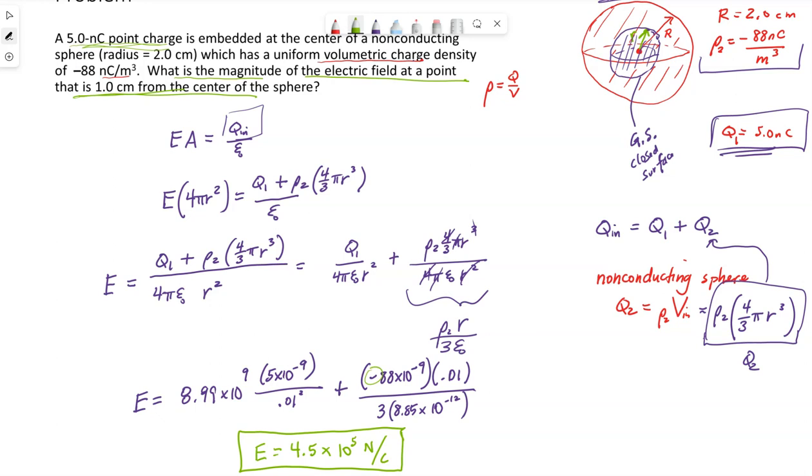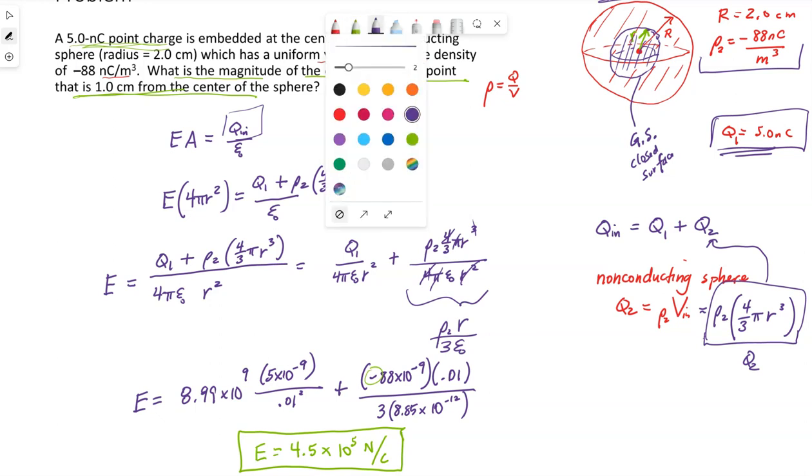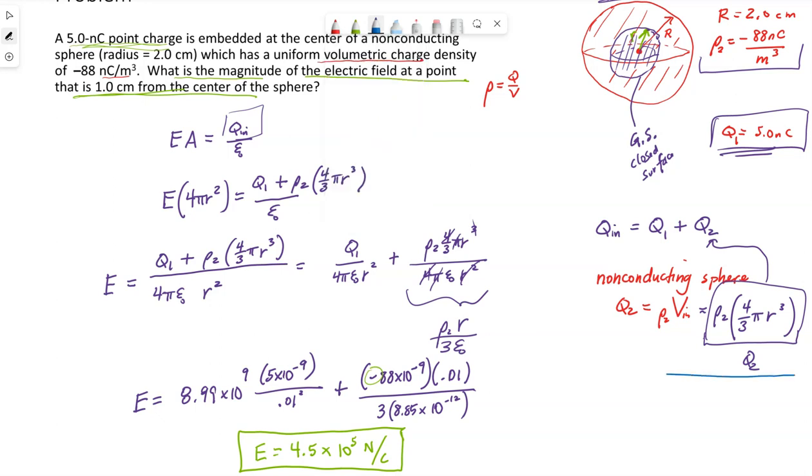Now, one other thing I want to make note of. Let's go back to blue on here. If they had asked for the electric field at a point where it was bigger than the actual radius of the non-conducting sphere, we would still find the Qn as a Q1 plus Q2.